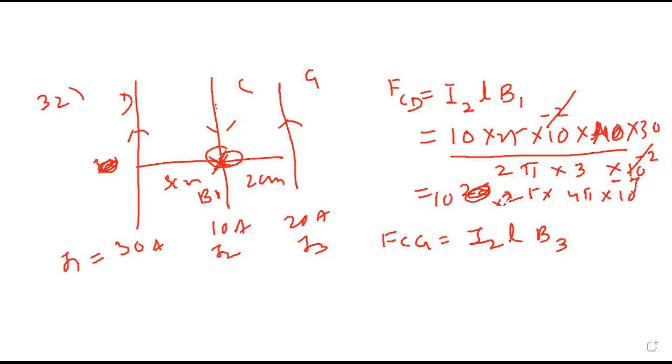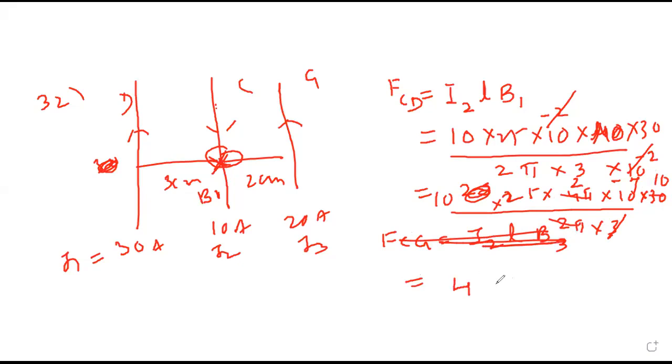So 10 into 25 into 4 pi 10 raised to minus 7 into 30 upon 2 pi into 3. 10 raised to minus 2 cancels. 2 pi into 2 is 4 pi. So we are getting 25 into 2, 50 into 10 raised to minus 7, that is 5 into 10 raised to minus 5 Newton.